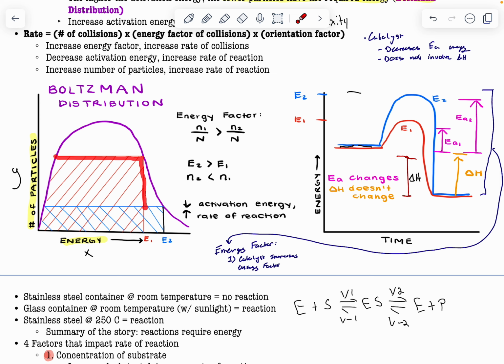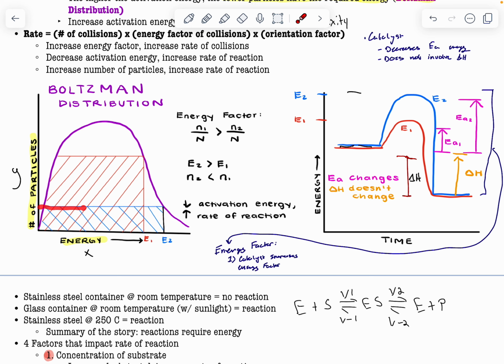And this is using that concept into play, because with the high number of particles we have right here, we do not need as much energy to get this reaction to go. Compared to if we look at E2, we can already see right here, we have a higher activation energy, which already means we need more energy inputted to get this reaction to go. But we can also see over here on this graph that E2 does not have as many particles compared to E1, and as a result, our activation energy is going to be a little bit higher because we do not have as much energy compared to E1 to get this reaction to go.